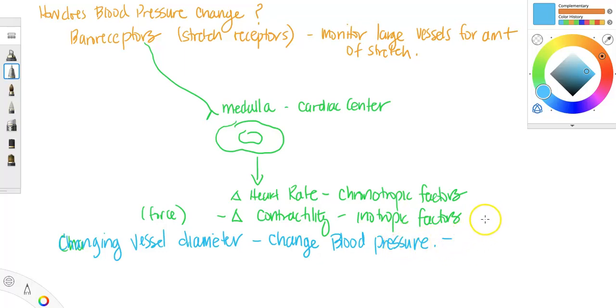So by changing the diameter of the vessel, if we make it smaller, the diameter smaller equals increased resistance, which means increased blood pressure.